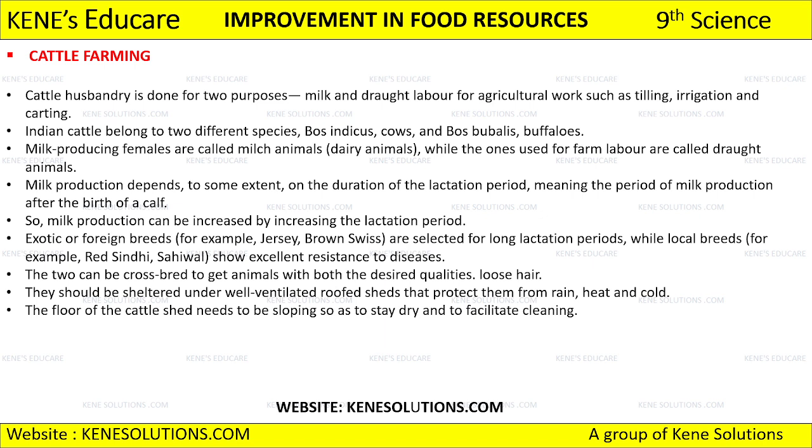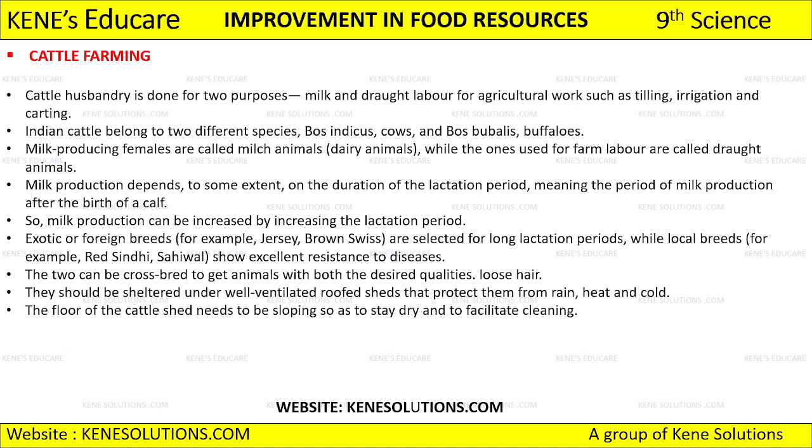So either we use the cattle for their milk or for draught labor in the agricultural field. Indian cattle belong to two different species, Bos indicus, the cow, and Bos bubalis, the buffaloes. These are the different species of cattle.